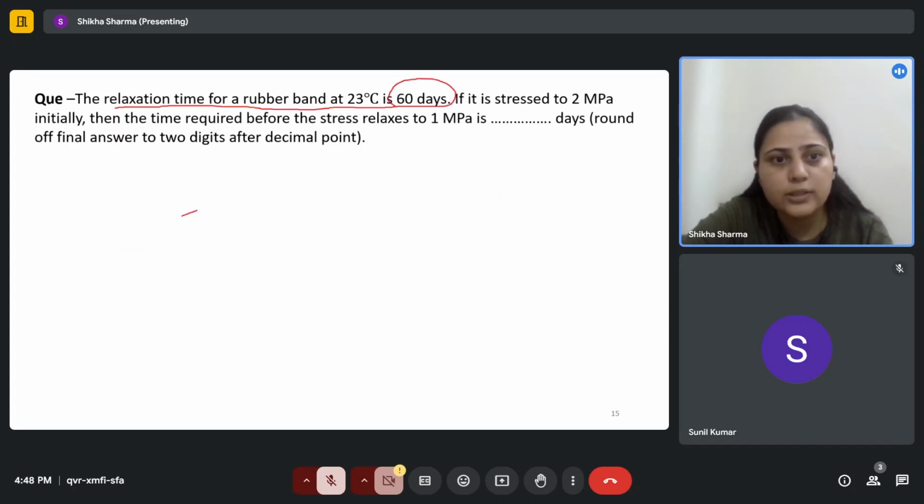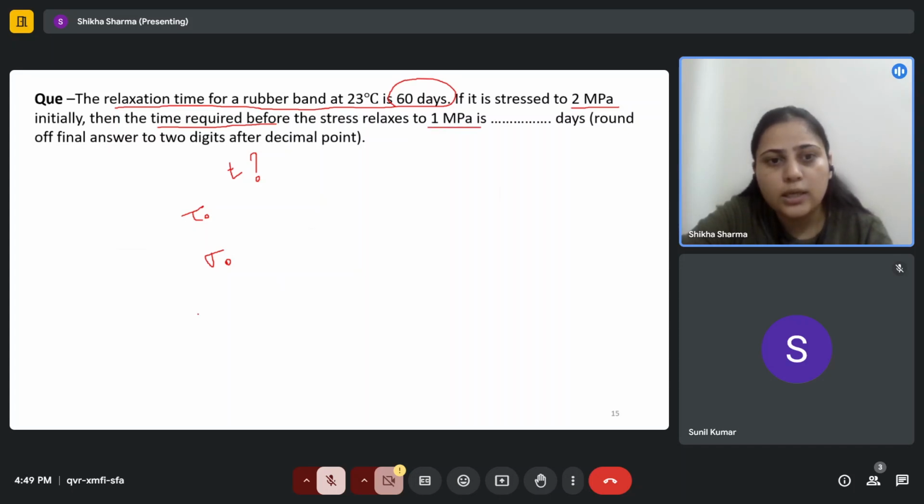So tau naught is given as the relaxation time, 60 days. If it is stressed to 2 megapascal, our constant stress value is given as 2 megapascal. Then the time we need to calculate is the time required before the stress relaxes to 1 megapascal.